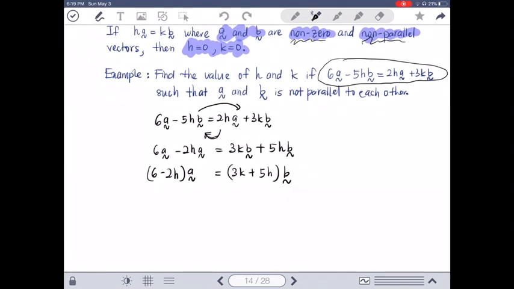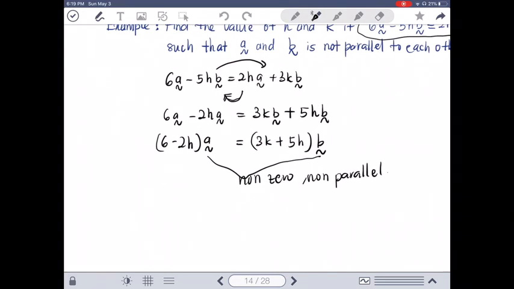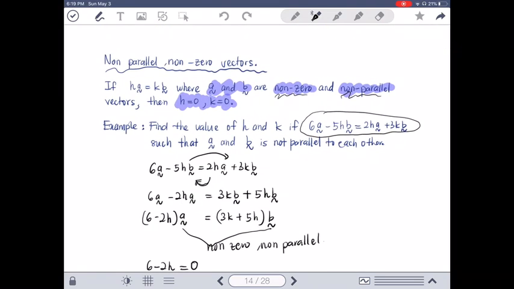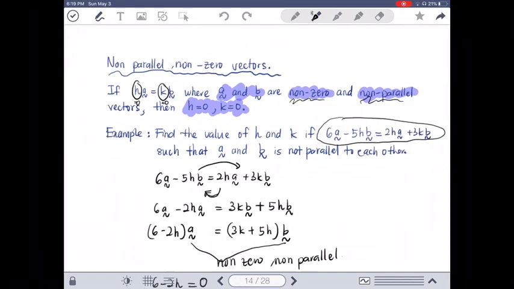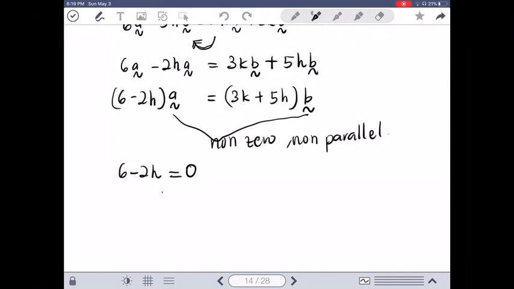And since A and B are non-zero and non-parallel, we will have 6 minus 2h equals 0, since this property here equals 0. So therefore 6 equals 2h, h is just 6 divided by 2, h is just equal to 3.